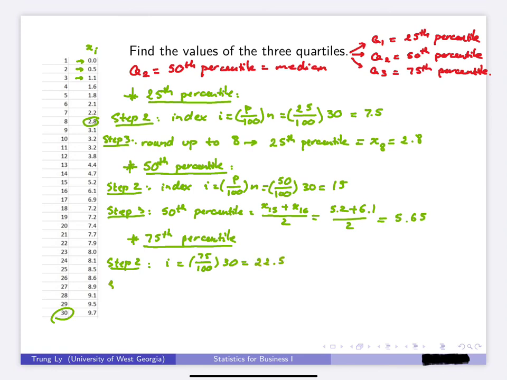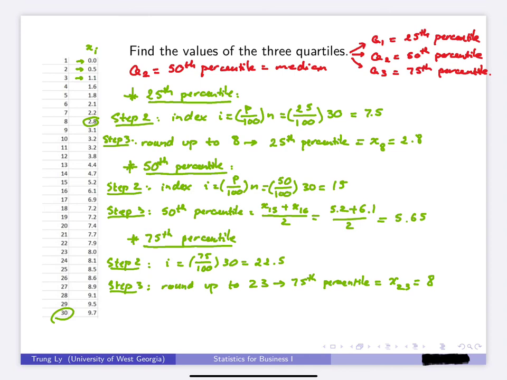Okay. Then in step 3, you want to round that up to 23. And so the 75th percentile is going to be equal to the 23rd observation, which according to our table is going to be equal to 8.